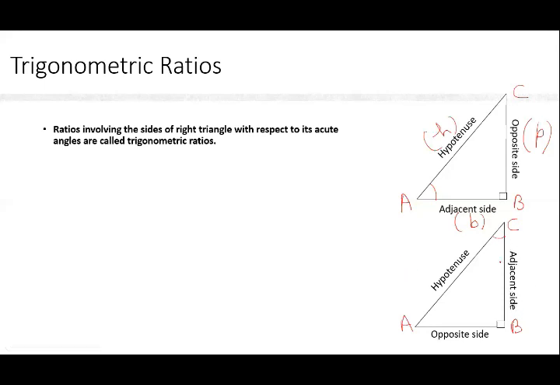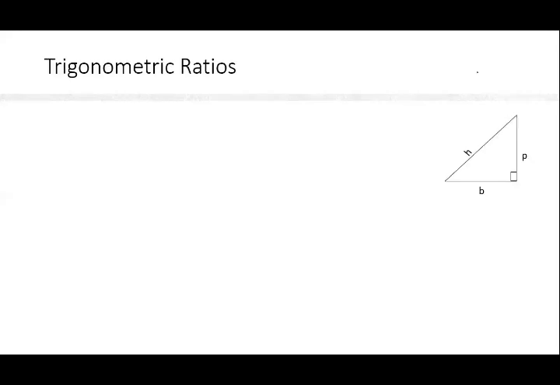Again, we can say here that adjacent side is denoted by B, the opposite side is denoted by P, and the hypotenuse is denoted by H. So, according to the acute angle, the position of the opposite side and the adjacent side change, whereas the position of the hypotenuse always remains fixed. It is always opposite to the right angle.